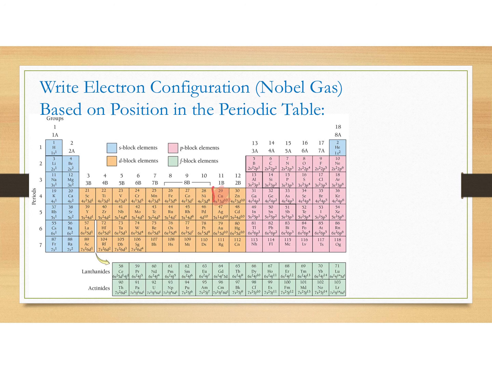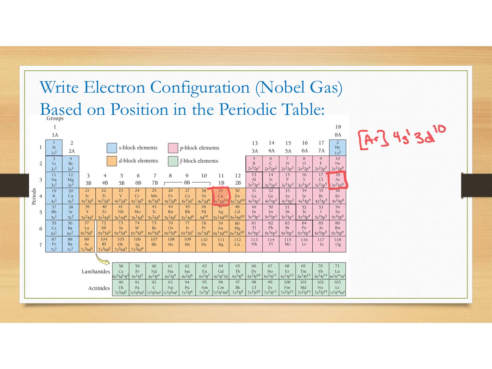Since copper is 29, I can't pick 36, I'm going to pick 18, which is argon. So I would write that as argon in brackets, Ar, 4s1, 3d10.